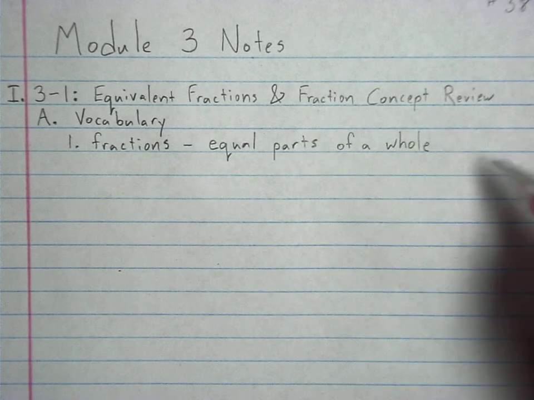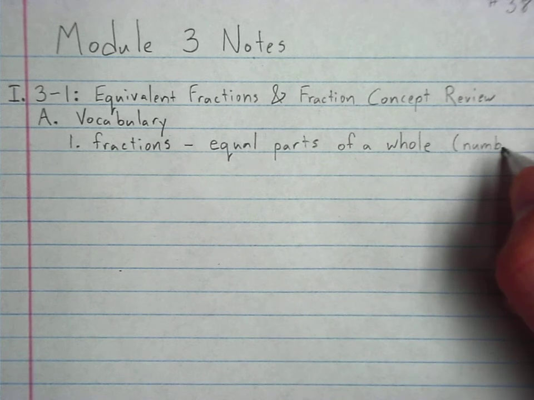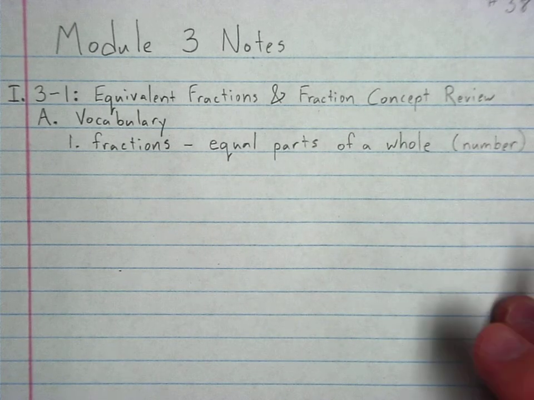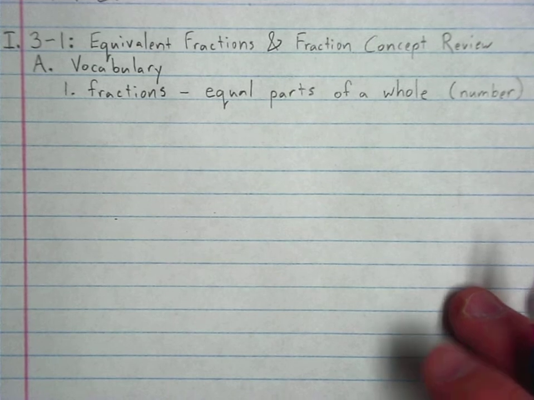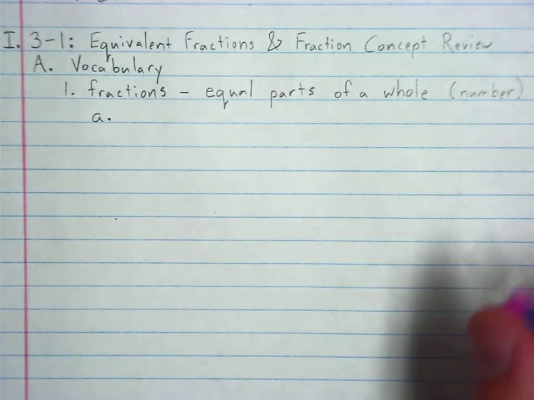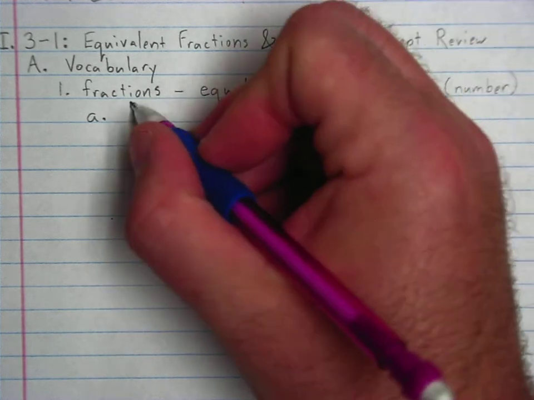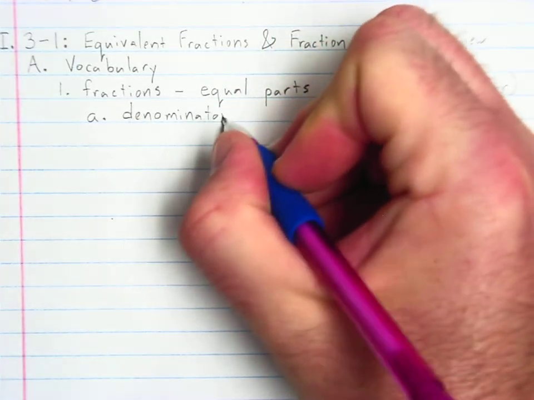Now, when I say equal parts of a whole, I do mean a whole number, not a hole in the ground. Fractions are equal parts of a whole. And a fraction is made up of two main parts. Well, three, I guess, if you count the fraction bar. The first part is the denominator.